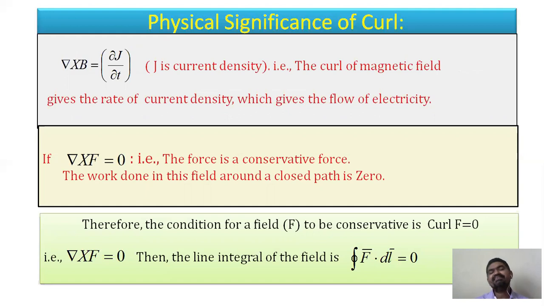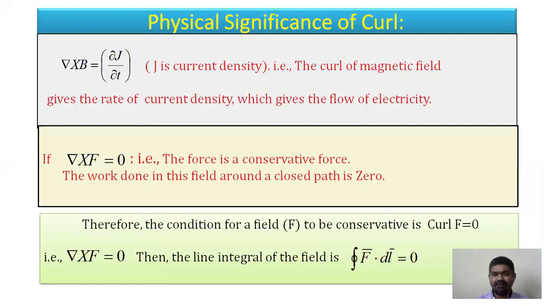If del cross F equals 0, where F is force, for example, that field is called a conservative field. If del cross F is 0, where F is force here, then that force is a conservative force. The work done in this field around a closed path is 0.